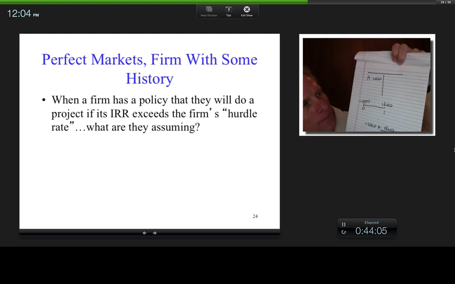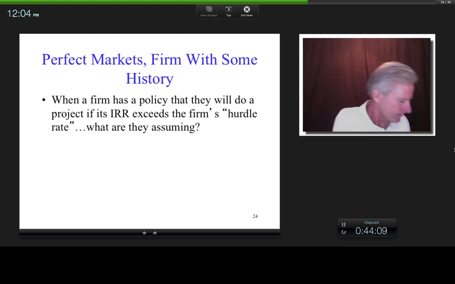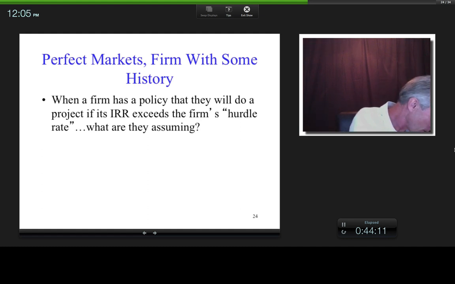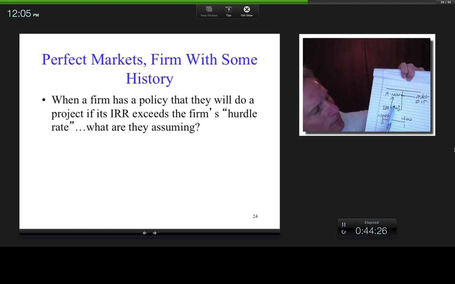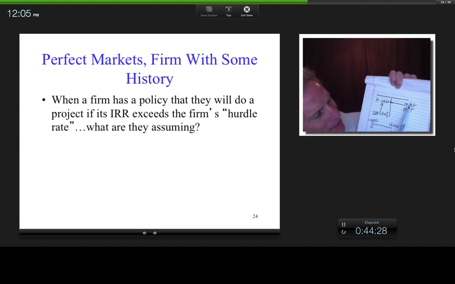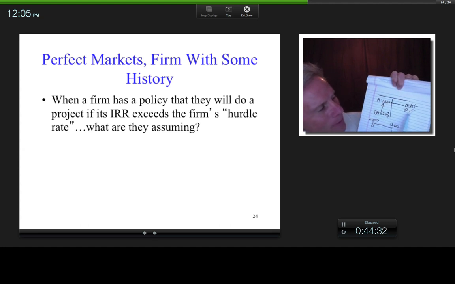So essentially, some companies will say, all right, hey, the internal rate of return of that is 20%. But suppose the market applies a discount rate of, say, 15%. In other words, the internal rate of return is 20% on this, but the market says, hey, what are you doing with my money? And they apply a required rate of return or discount rate of 15%.